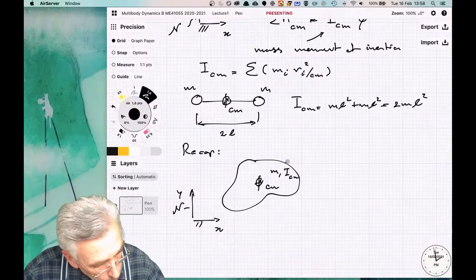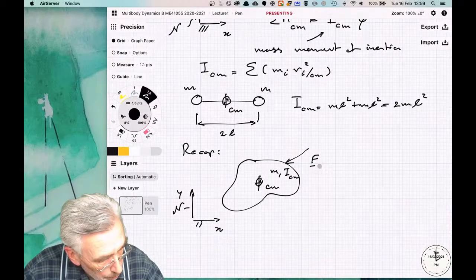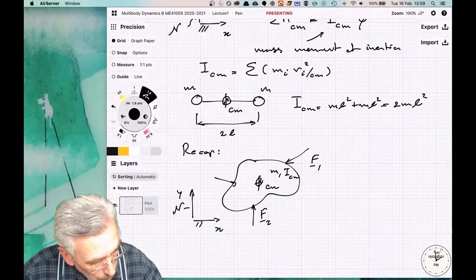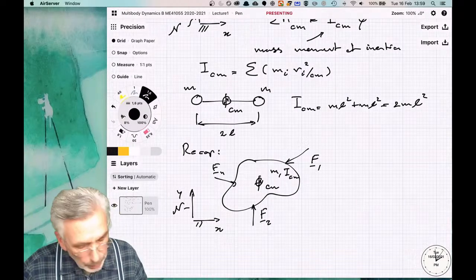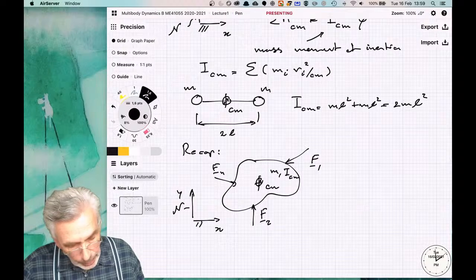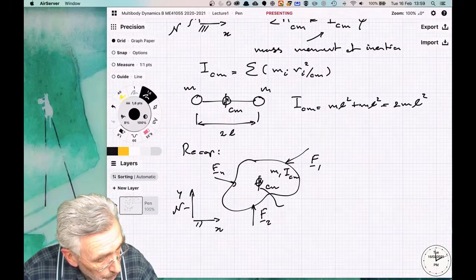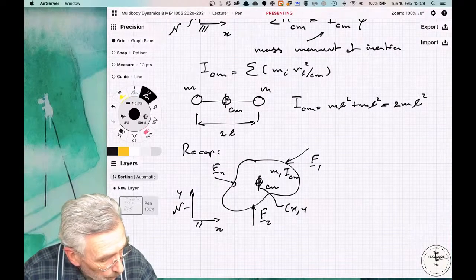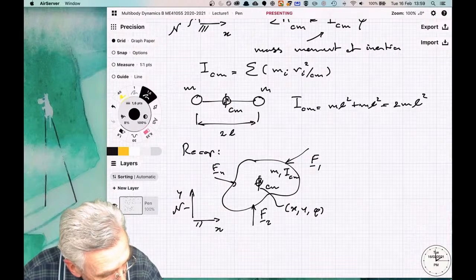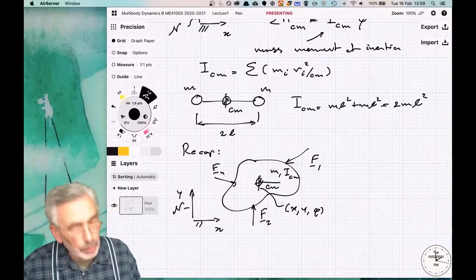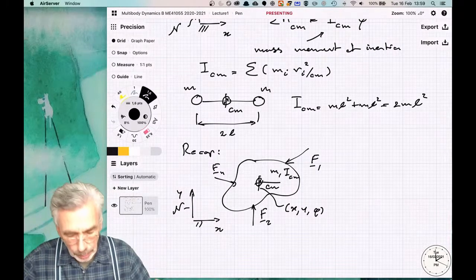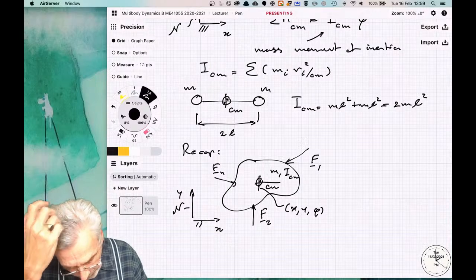And then we have all kind of forces acting on the body, F1, F2, well, Fn you could say. Then we have, of course, a position of the center of mass. We have an x and y, but we also have an orientation because we put a marker line on the body to note how it is rotating.